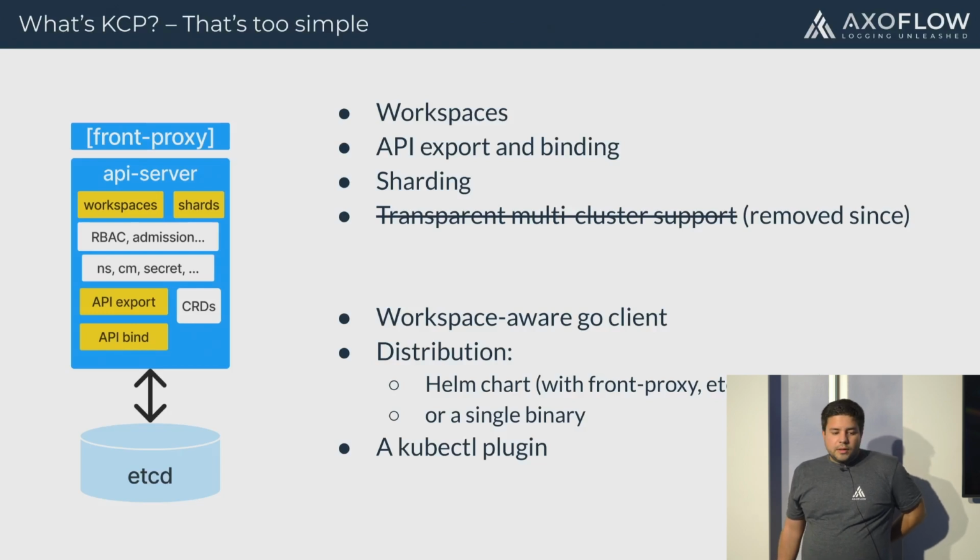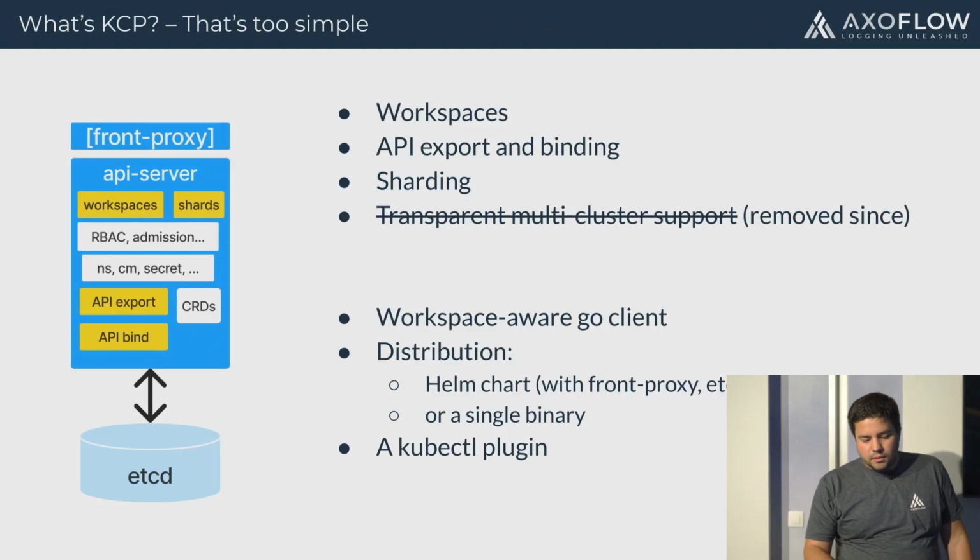And they also have a Workspace aware Go client, which is basically a fork with a quite small change set of the original Kubernetes Go client. You will get a quite simple Helm chart, and of course the container images with it to deploy this stuff to a regular Kubernetes cluster.